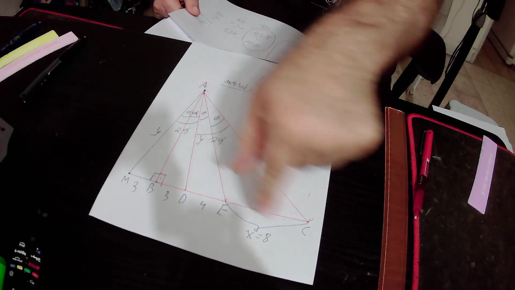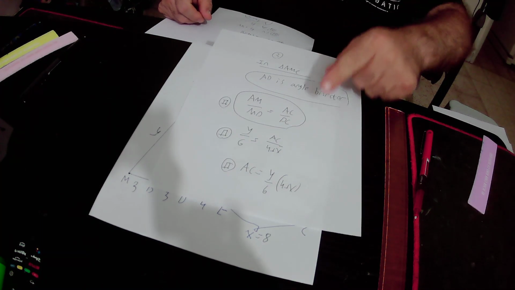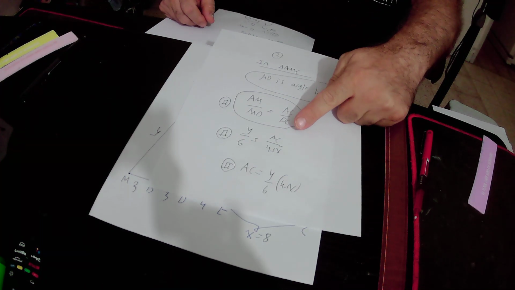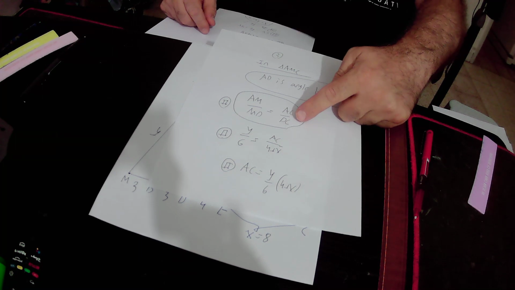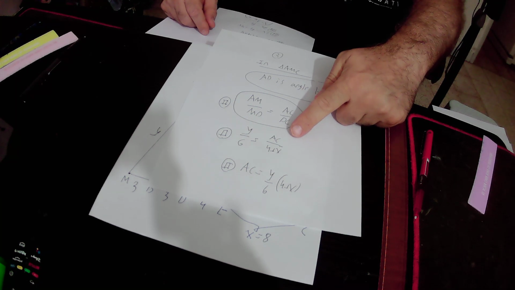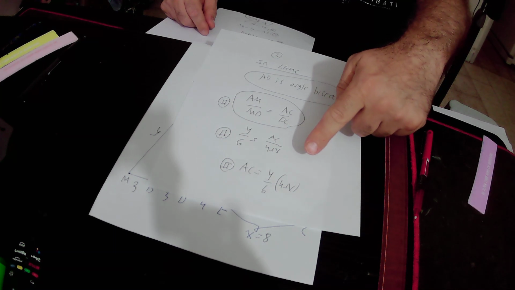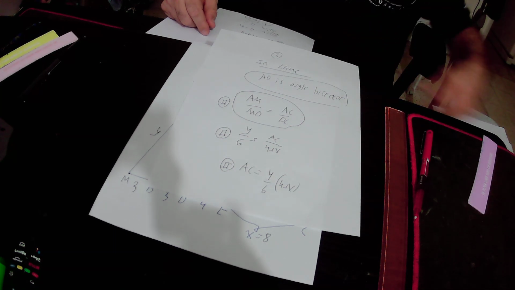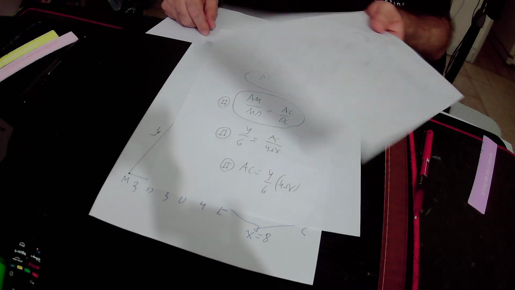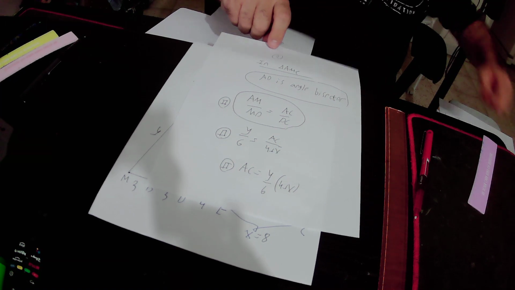So we got that y over 6 equals AC over 4 plus x. Here we multiply this equality by 4 plus x, and we got that AC equals y over 6 times 4 plus x. So we have the value of AC according to equation number 1, and the value of AC according to equation number 2.